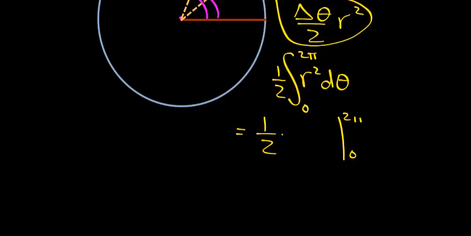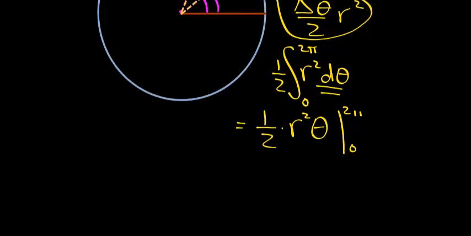I'm integrating with respect to theta. Don't fall into that trap. From now on, you pay attention to what you're integrating with respect to. So the integral of r squared is r squared theta. You're integrating with respect to theta, not r.